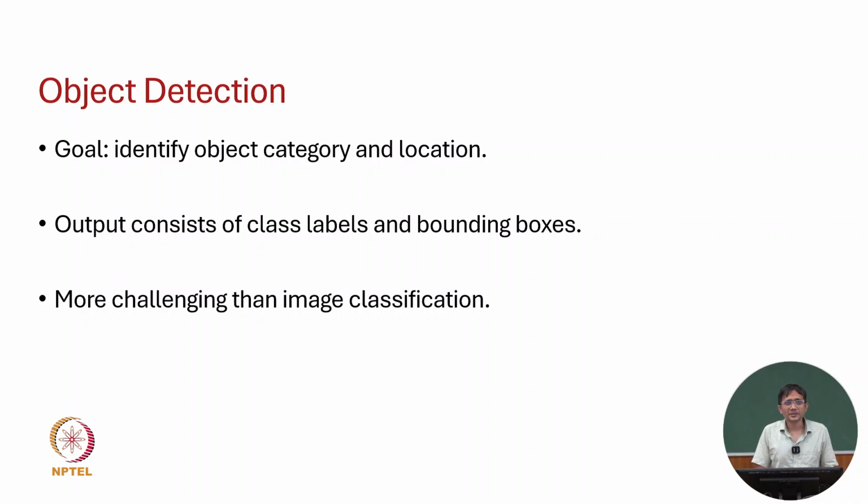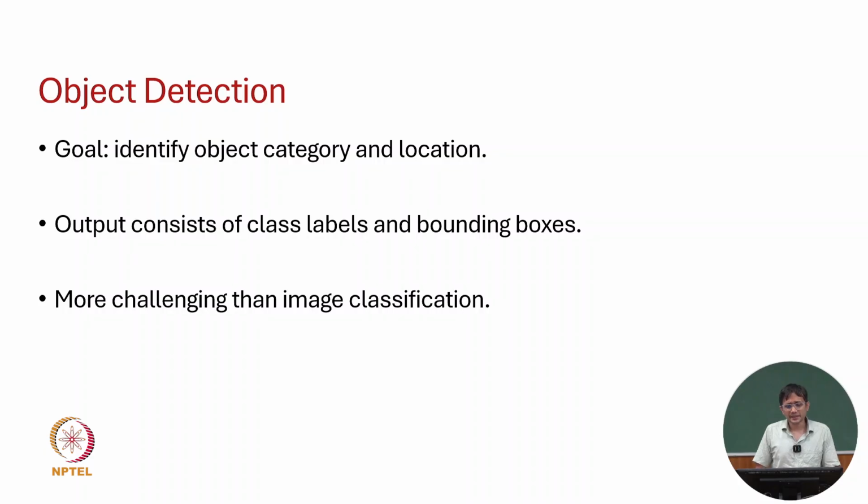In image classification, we were assigning a single category to the entire image. How is it different from semantic segmentation? Semantic segmentation is a dense task, where we are trying to assign a label to each pixel.